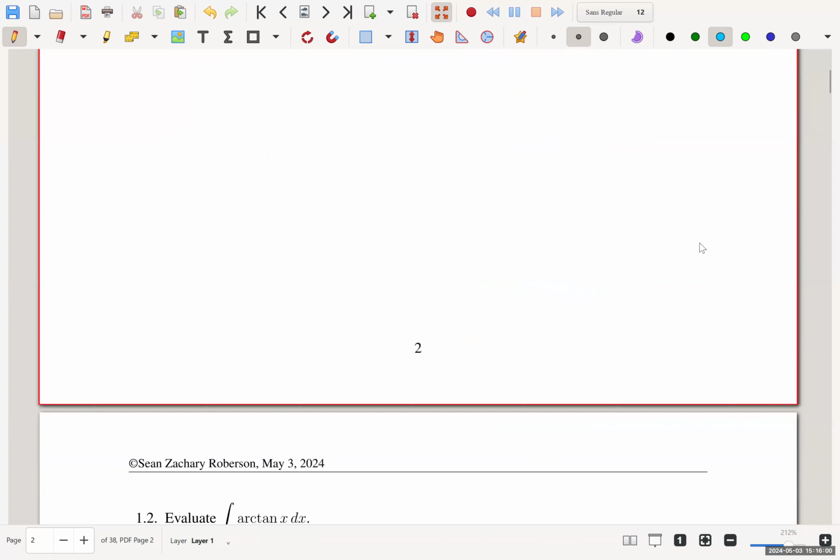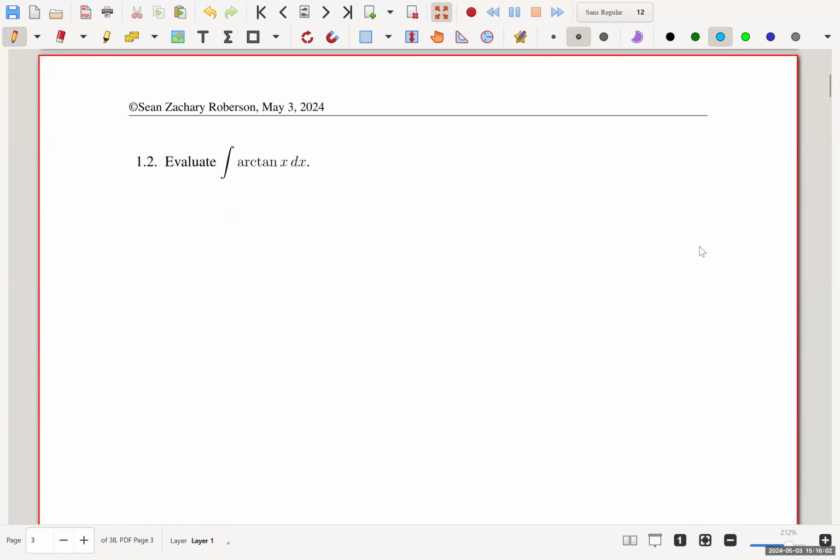All right, I want to go ahead and look at another one here. Simple one, arctan x. What kind of function is arctan x? Well, we're going to use integration by parts here, but what kind of function in the LIATE heuristic? Inverse trig, I. So u is arctan x.